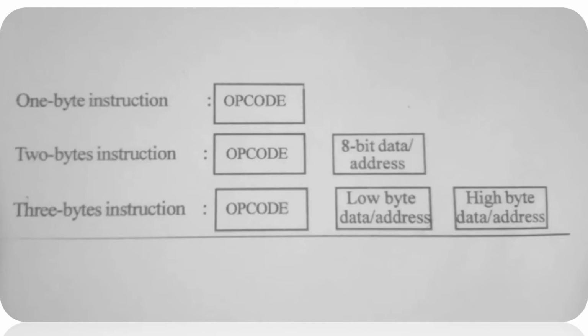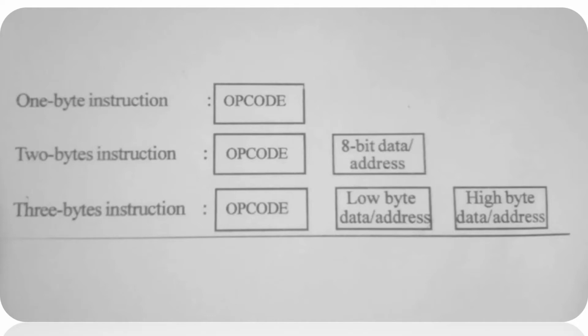For example, CMA, that is complement accumulator. Opcode is operational code. In 2 byte instructions, in the first byte the opcode is stored, and in the second byte 8-bit data or address or operand is present.